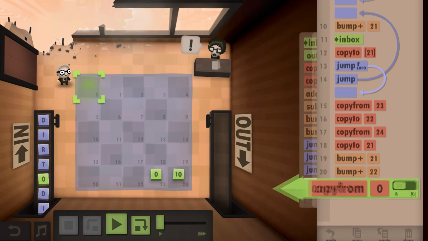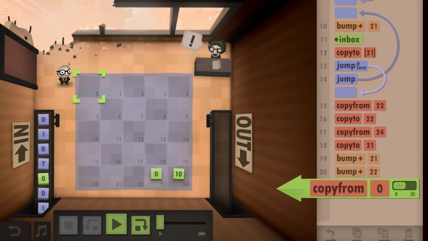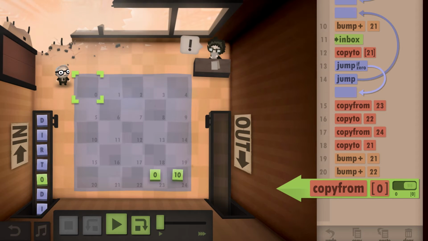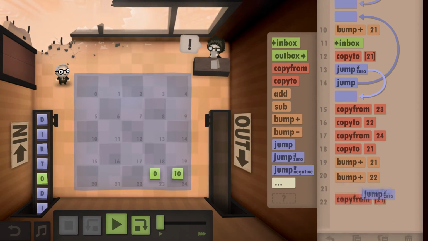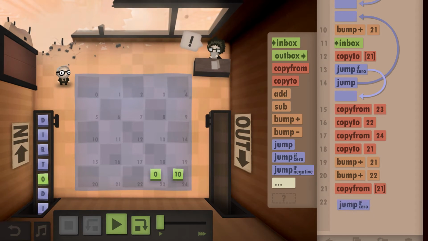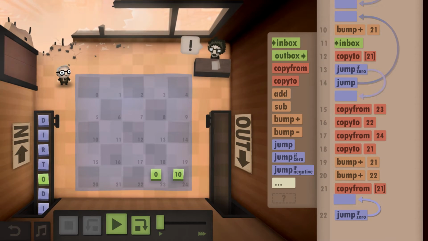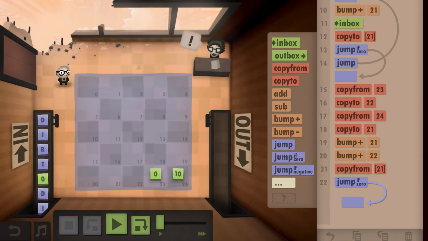Copy from relative. Let's go with the bottom word first. If 0, we're going to be jumping elsewhere along the line.